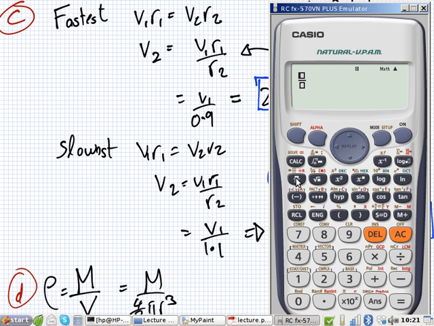The volume of a cylinder is pi r squared h. And the area of a cylinder is 2 pi r h plus 2 pi r squared.